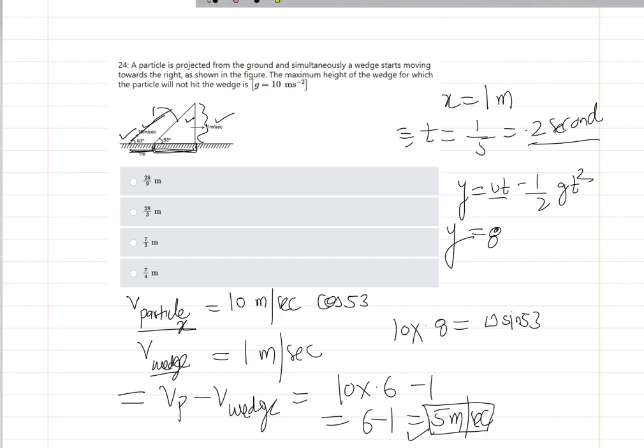So this is 8 into 0.2 minus half g, let's take it as 10 as given in the question, into 0.2 square, right? So the first expression is 1.6.